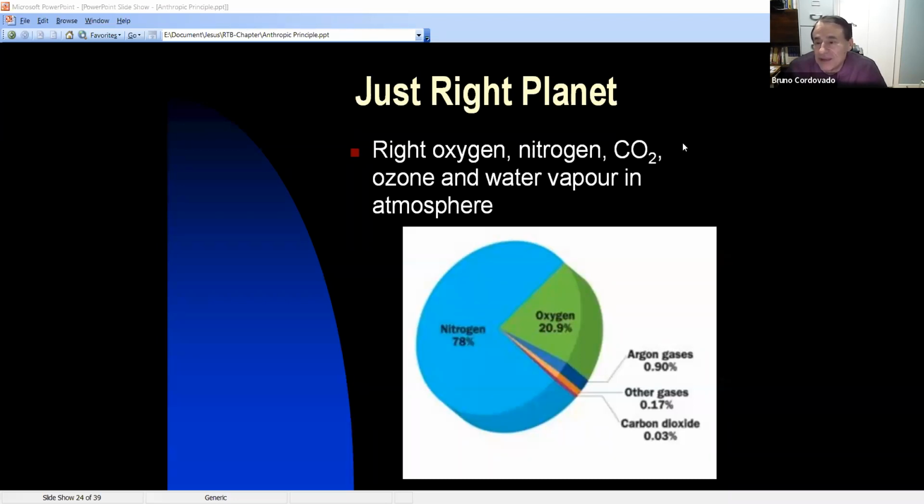Once that stopped, the crust could cool, and then you could get liquid water on the surface. At that point you could have bacteria. Not before.